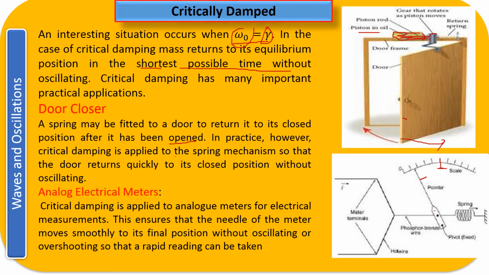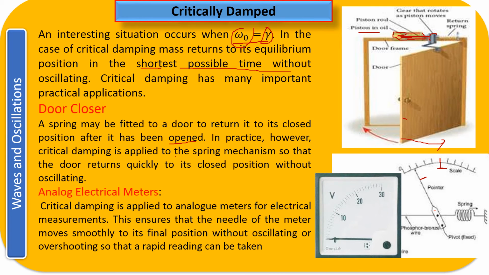In the air medium, what should be the value of the damping coefficient of the spring, so that the spring constant and the resistive force of the air both match, that it will not vibrate at any point and it will give you the exact reading. And this is how in this voltmeter, or similarly in the ammeter, you take the exact reading. So this is one of the applications of critically damped oscillations.